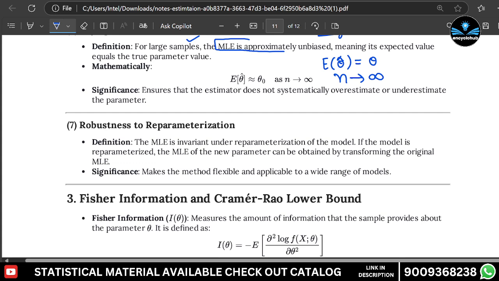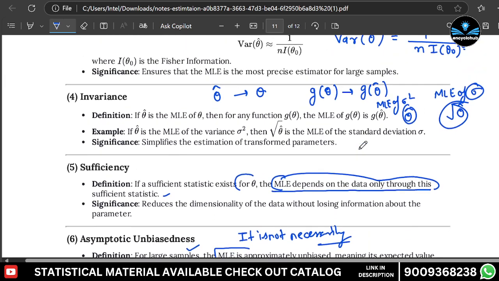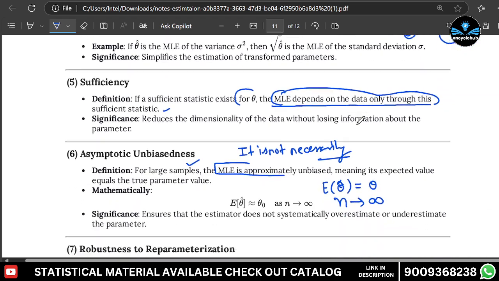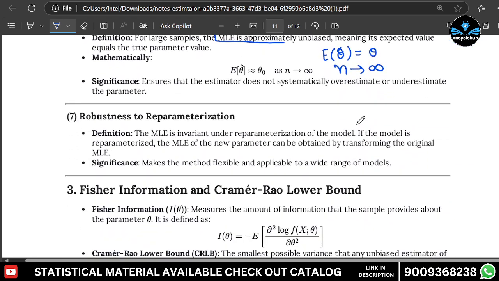Actually, we have discussed this property, the invariance property, in the previous one. So robustness actually under reparameterization of the model.